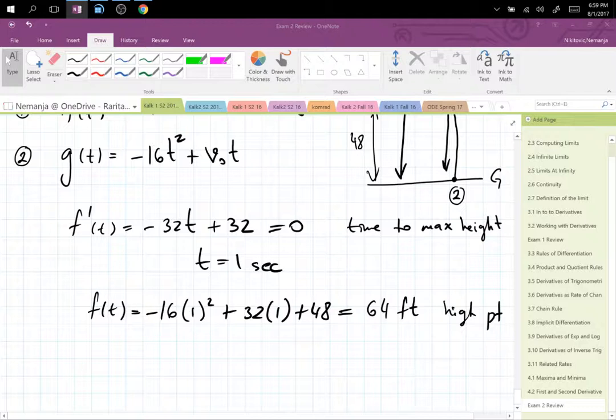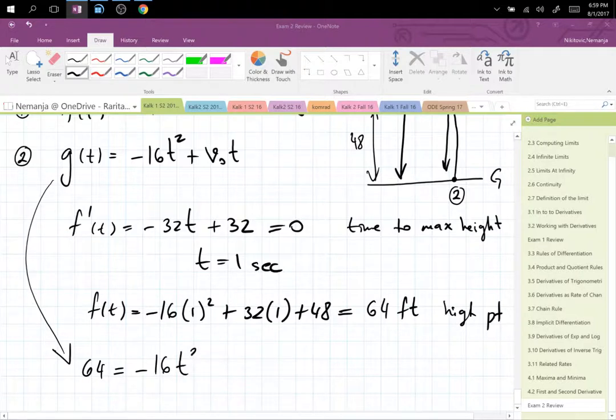So you can figure out when that happens: you need to reach 64, negative 16t squared plus v0t.